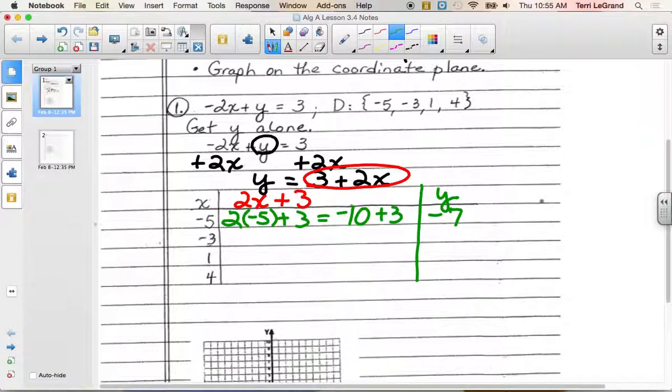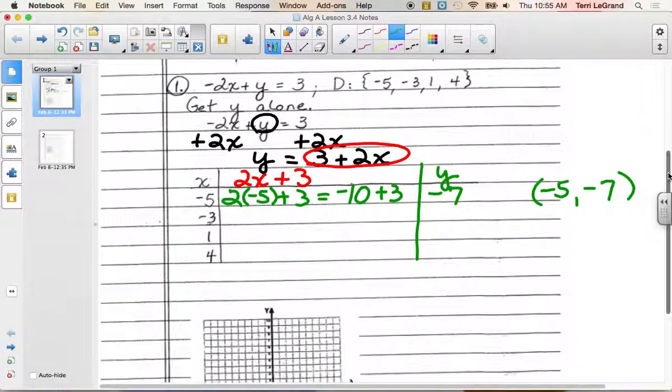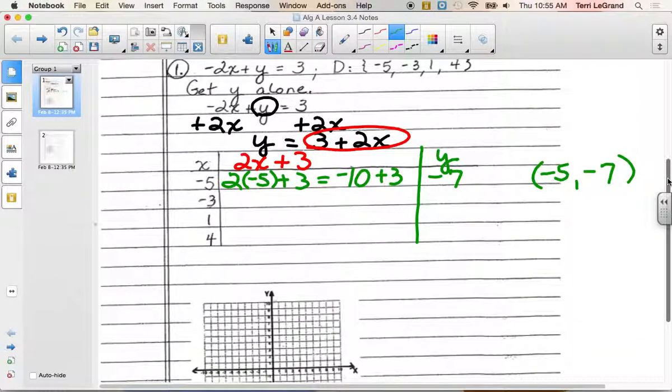So we now have what ordered pair? What ordered pair is that? -5, -7. Okay, now we'll go in and take our next domain value that they want us to do. They want -3 substituted in for x.